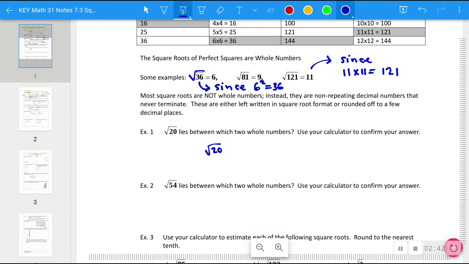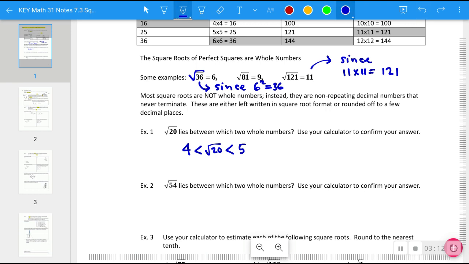Now the way a mathematician writes down on paper that it's between two values is he or she puts two less than signs around the number, and then puts the smaller one on the left and the bigger one on the right. And you really kind of think of this as two things. 4 is smaller than the number, and the number is smaller than 5, which puts the value square root of 20 between 4 and 5.